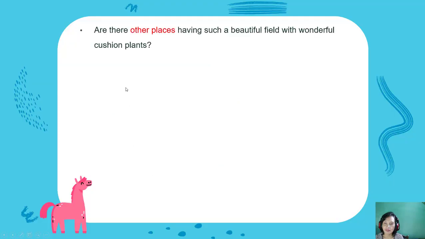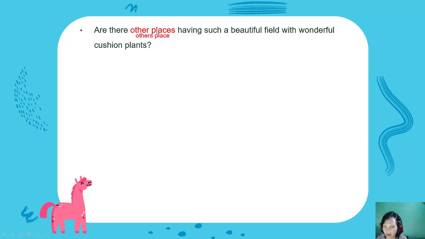Are there other places having such a beautiful field with wonderful cushion plants? Look at this. Other places. It is an adjective, of course, because there is a noun here. Other places, of course, this is plural form.